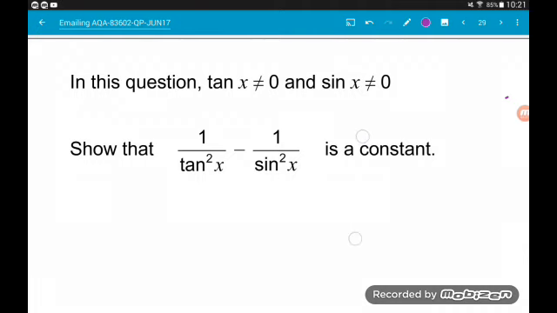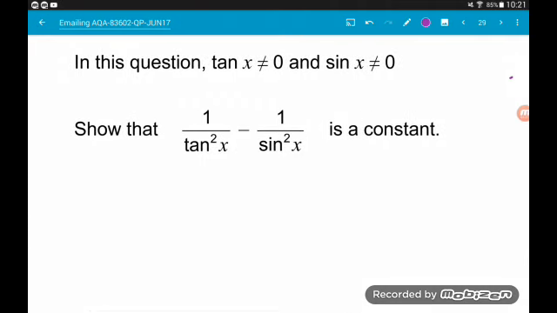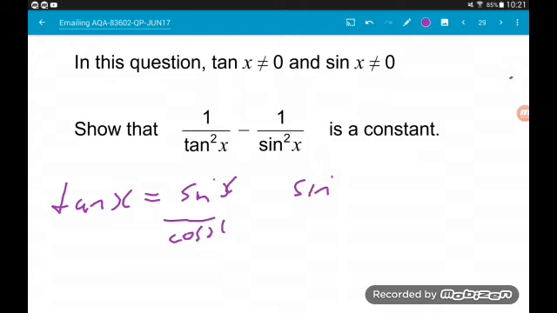Okay, well, first of all, we need to remember tan of x is sine of x over cos of x, and we're probably also going to need sine squared x plus cos squared x is equal to 1.